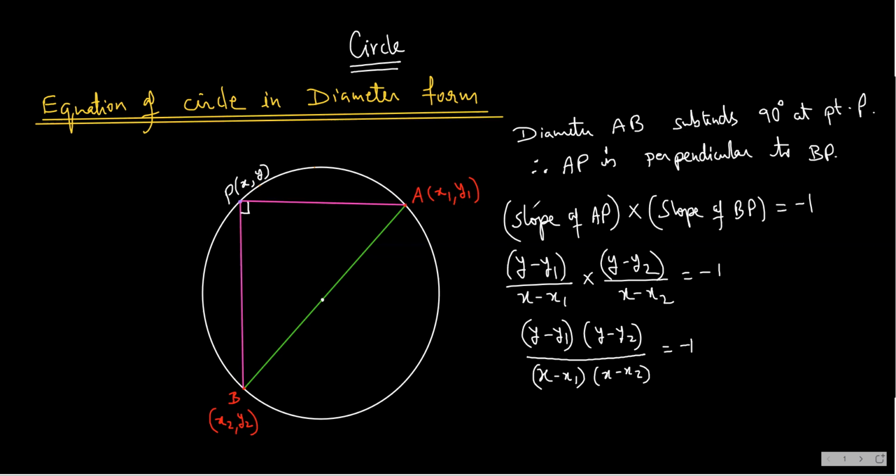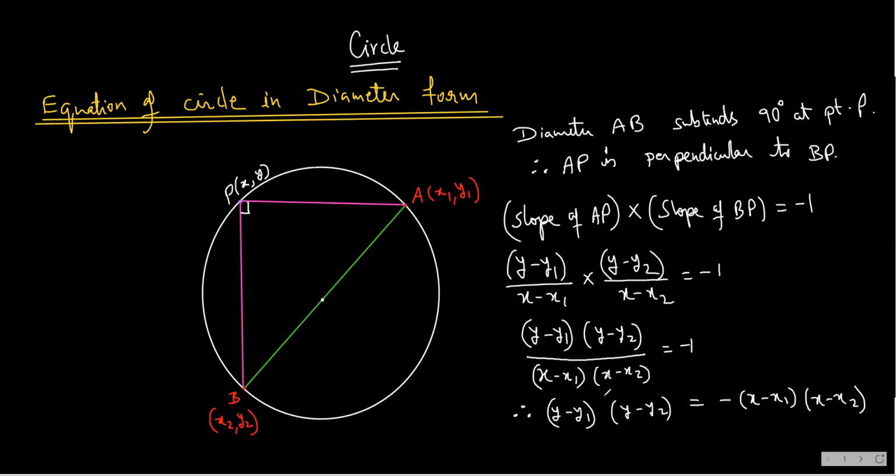Now this denominator, cross multiply. So when it cross multiplies, you will get Y minus Y1 into Y minus Y2 is equal to minus of X minus X1 into X minus X2.